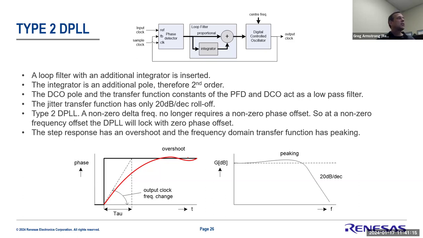So the nice advantage of a type 2 PLL, or a second order filter, is that the relationship of the input edge to the output edge stabilizes to a 0 phase offset. The reason it can do that is the integrator determines the frequency difference between the local clock and the clock you're trying to lock to.